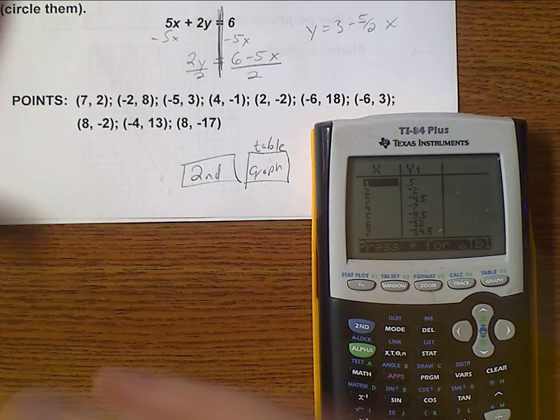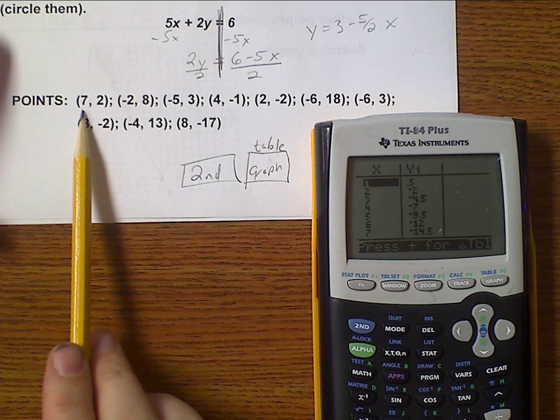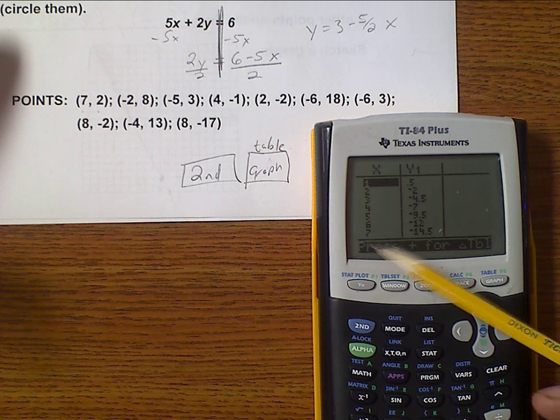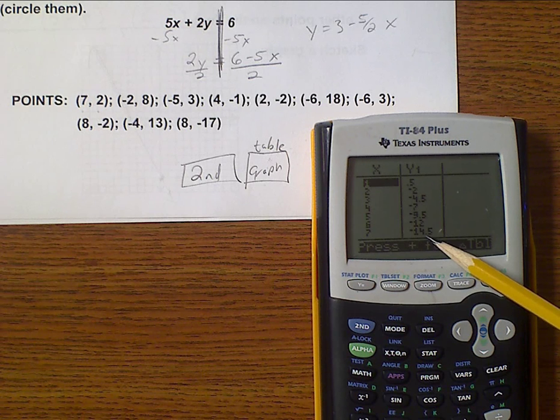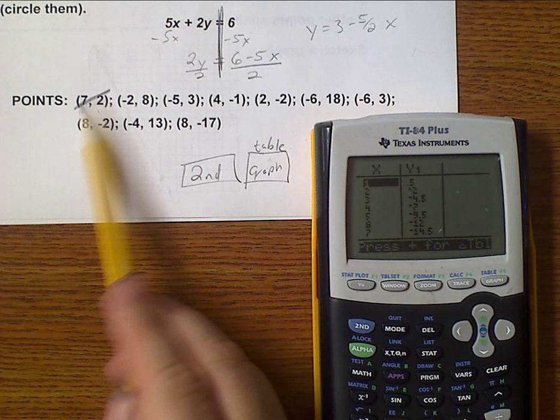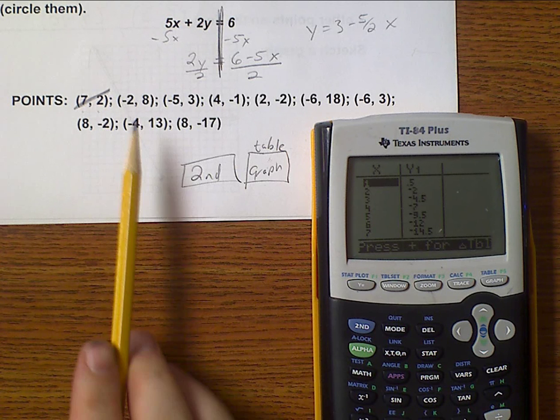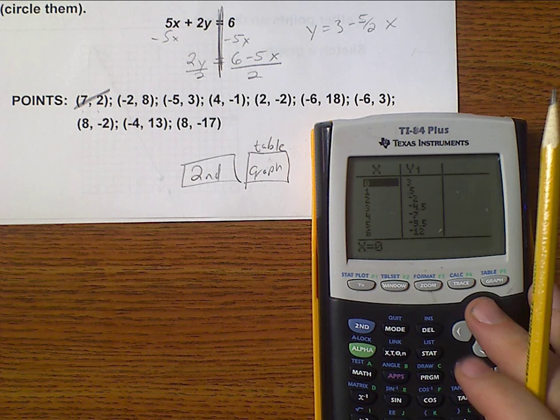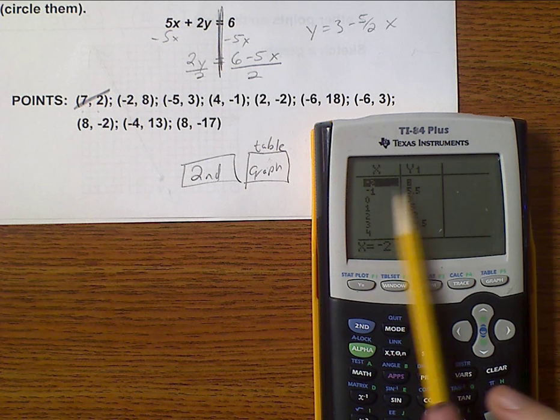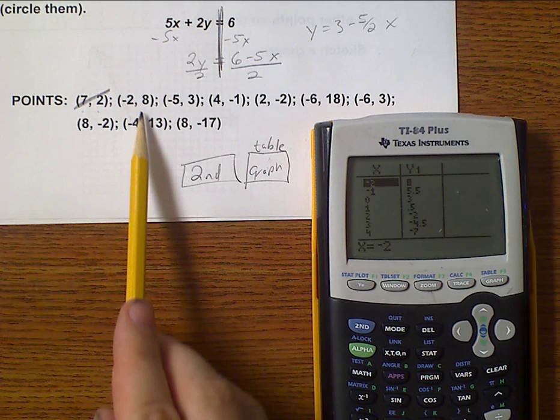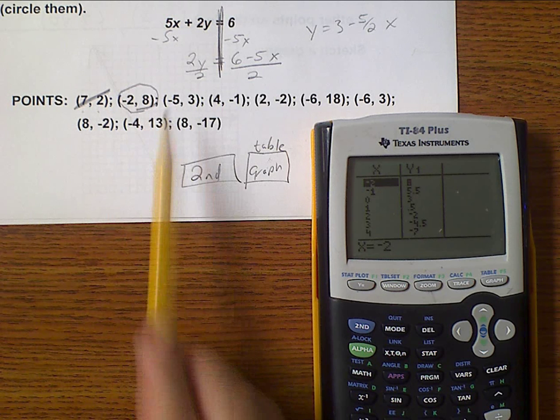So 7, 2. I come over here and at 7, I'm at negative 14. Not an answer. Negative 2, 8. Well, I come up here to negative 2, and negative 2, 8 is there. Negative 5, 3.